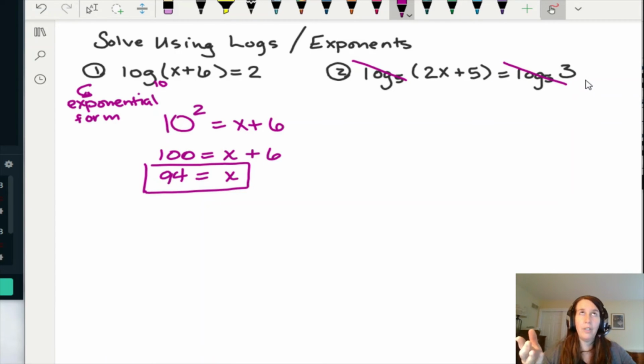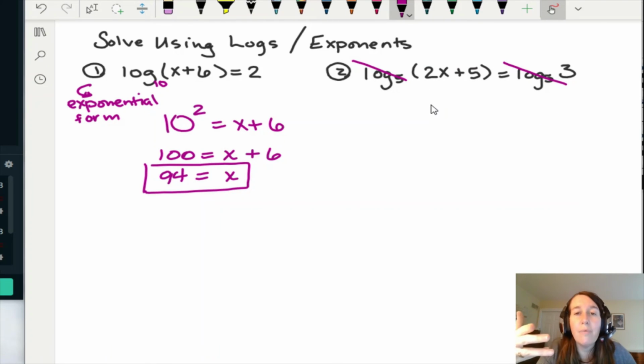You know how in equations, if you do the same thing to both sides, that's okay? Since it's log base 5 of both sides, that means the rest of the equation has to be the same. So this is the argument for log base 5 over here, and 3 is the argument for log base 5 over here. So they have to be equal.